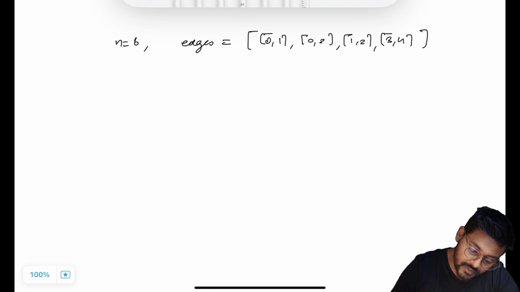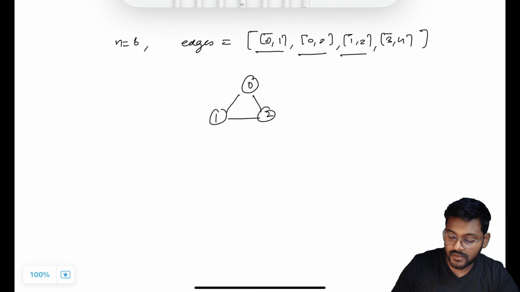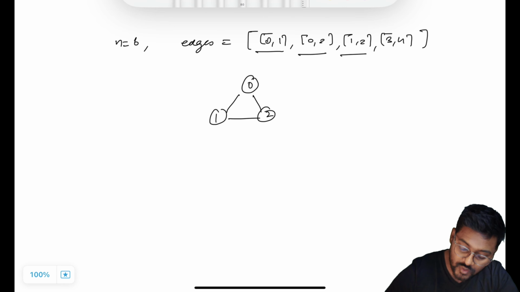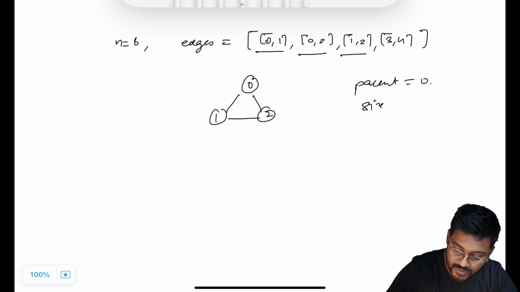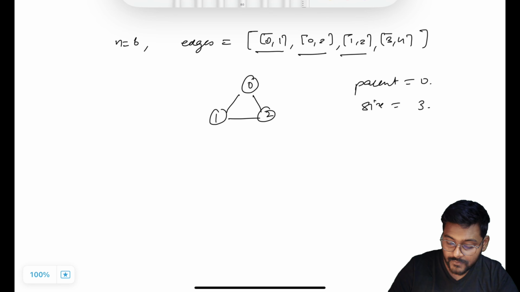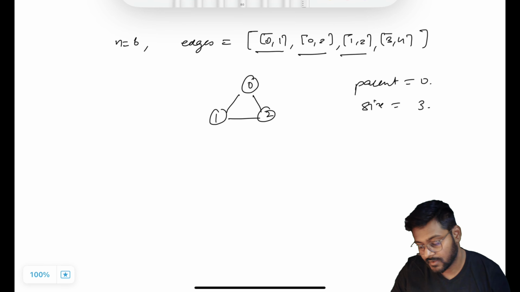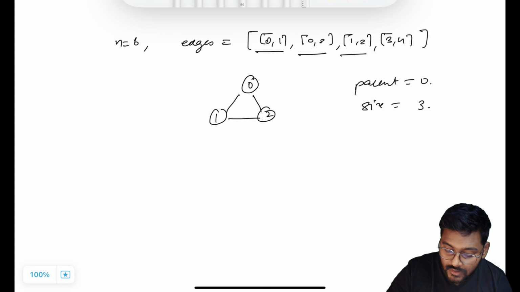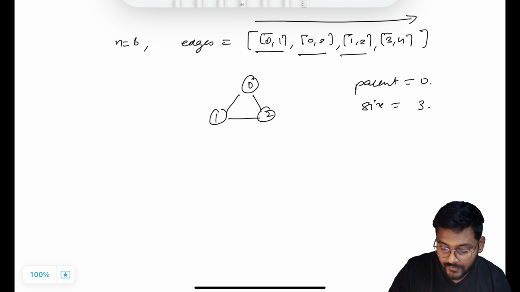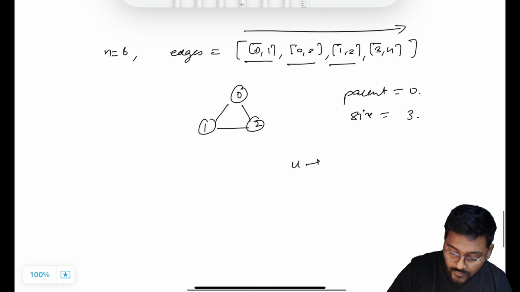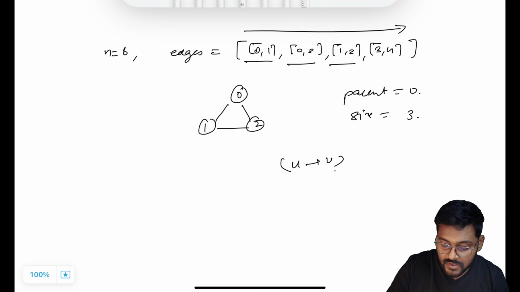Here one connected component was formed by the edges 0 1, 0 2, 1 2. In this component the parent is 0 and the size is 3. I will go through every edge, and every edge is going to be from u to v, where u and v are vertices that are part of some component.